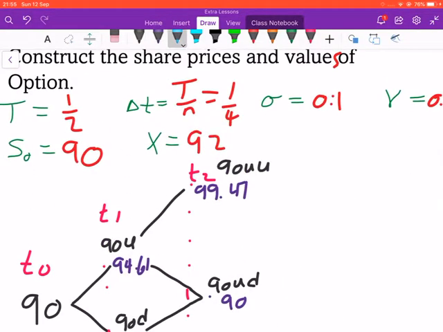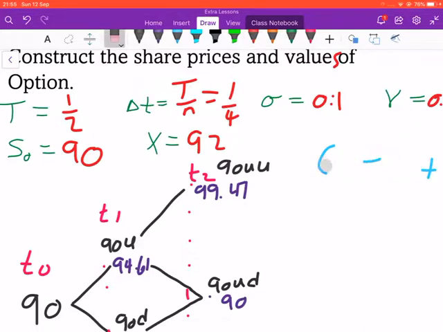And I already gave you a formula: it's going to be the strike price minus the value of the asset, only when it's positive. You can only calculate this at maturity.